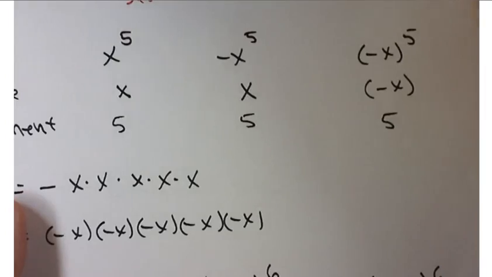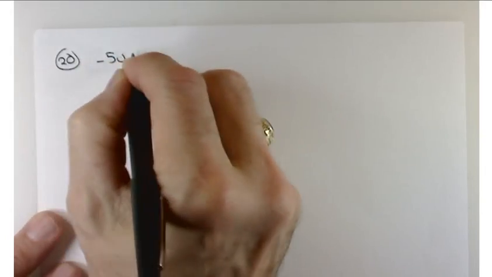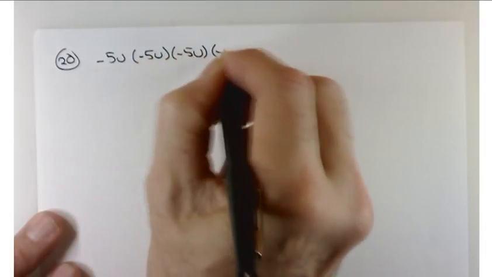Okay, let's try some more, kind of following up on that. These are going kind of in the opposite direction. Instead of looking at the base and the exponent, well, I guess it's the same kind of stuff. So we've got negative 5u times negative 5u times negative 5u times negative 5u.